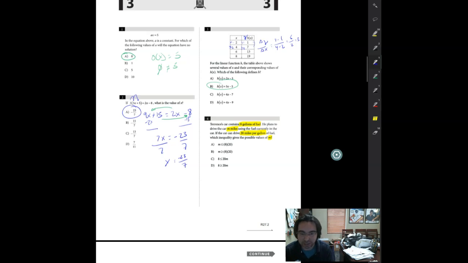For that reason, we can eliminate B, because the number of miles you drive is not going to be bigger than what you have there. The same thing here, where m is bigger than the greater than sign. So B and C are gone for that reason. Then we're just left looking between A and D. Well, we're trying to figure out how many miles.